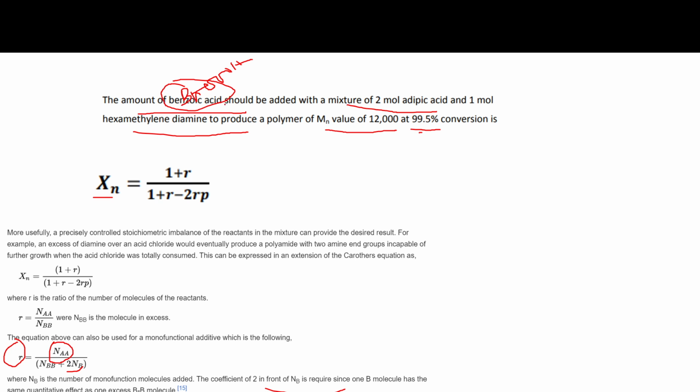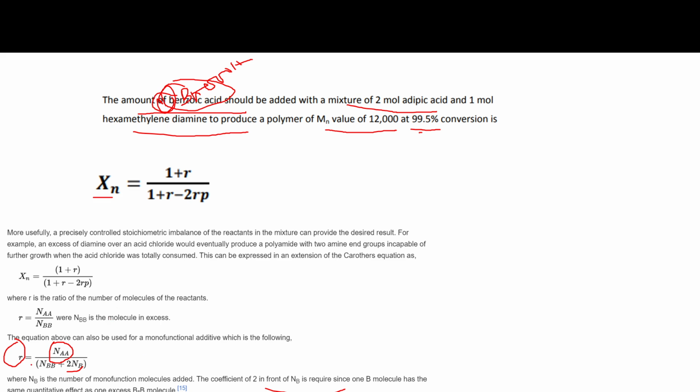When two acid and two amine groups are involved, polymerization takes place. But when the monofunctional impurity comes to the end group, no polymerization takes place on that side. For this reason we add the monofunctional impurity to control the molecular weight of the condensation polymerization.